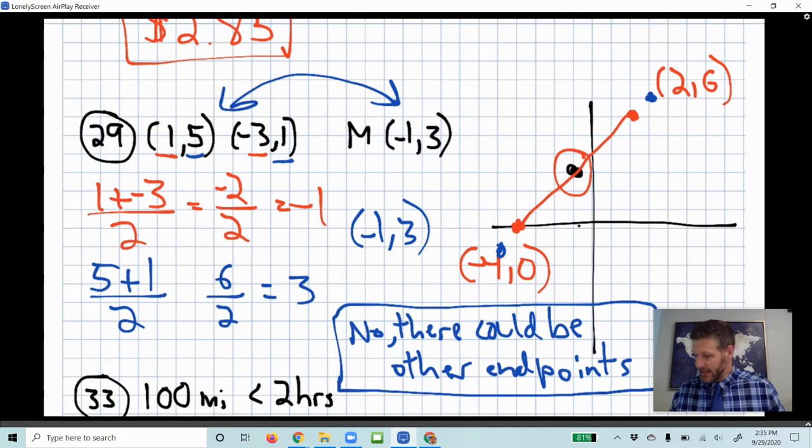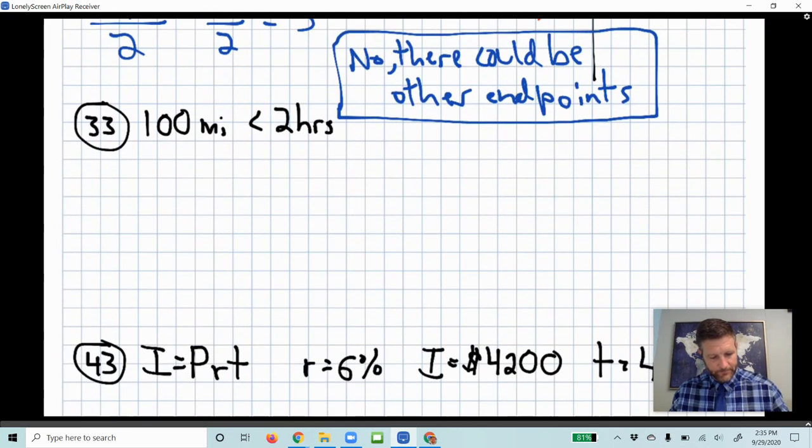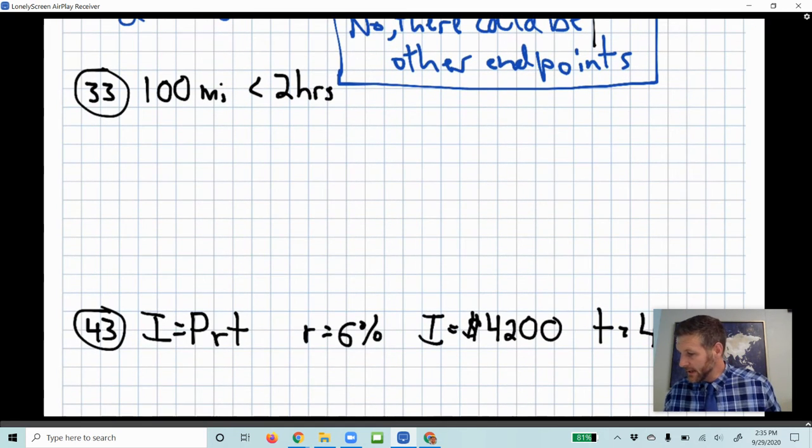Okay, after 29, let's take a look at 33. 33 says, again, complete each statement to form a true biconditional. So this says Trey can travel 100 miles in less than 2 hours if and only if his average speed is what? So how fast would he have to be traveling in order to go 100 miles in under 2 hours?